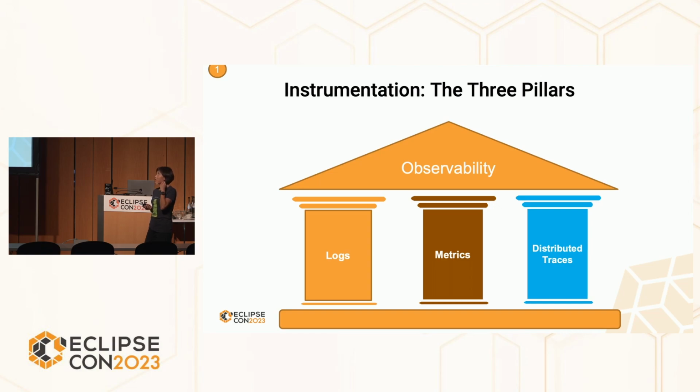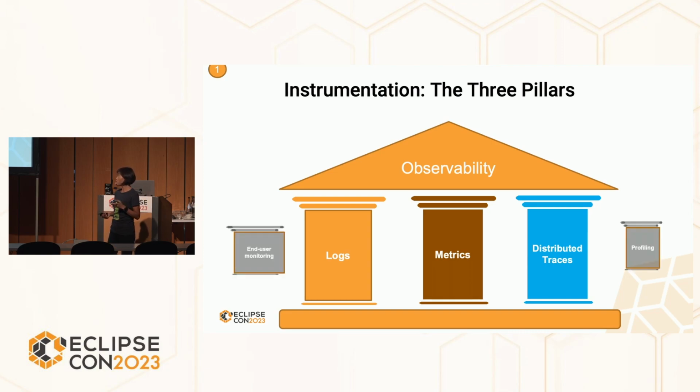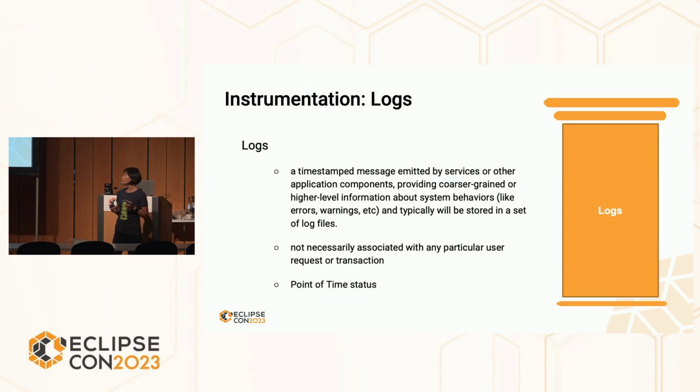So that's the instrumentation. For application instrumentation, it has three pillars: logging, metrics, and distributed tracing, to create end-user monitoring and profiling data for you. For logging, most of us do it when we create applications.